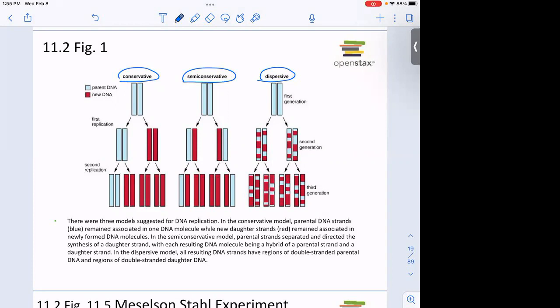So if the light blue is the parent DNA, and then the 2 cells that result of that, for instance, would one cell be the same as the parent, be conserved, and the other cell be totally new? Was that correct, or was there a semi-conservative?